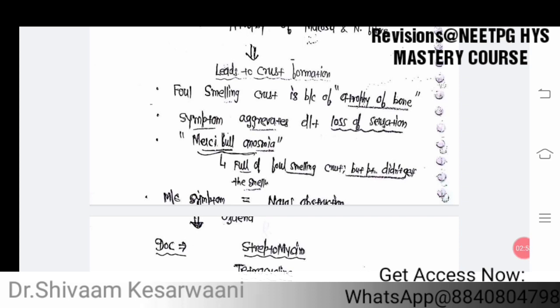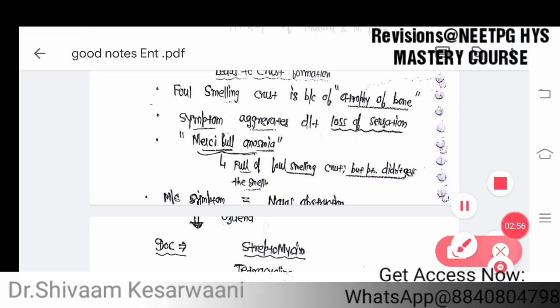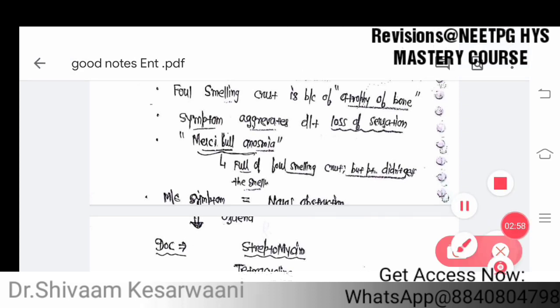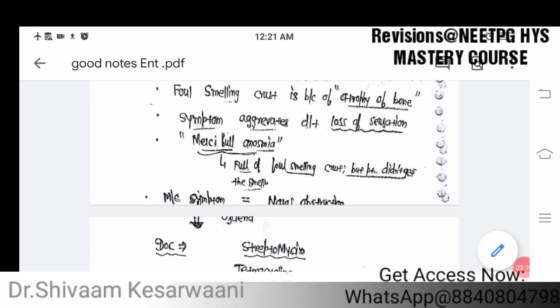That means the nasal cavity now becomes very big, accompanied by destruction of mucous glands. And when the mucosa of the nasal cavity gets exposed to dry air, it results in drying of the nasal cavity and formation of crust. So basically you see a lot of crust formation in atrophic rhinitis.